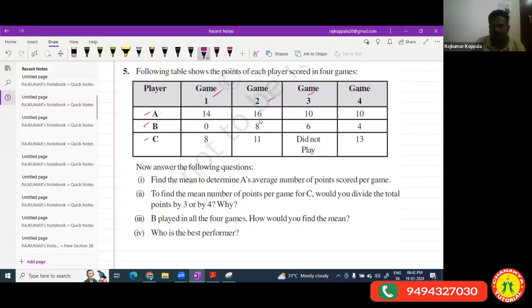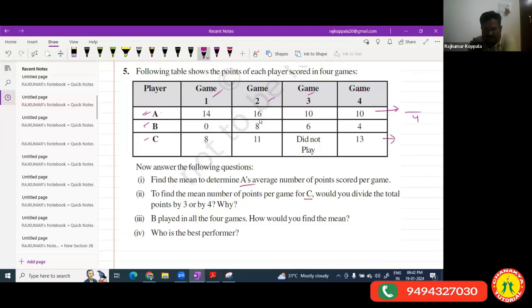Now we have to find the mean, the average number of scores. To find the mean of A, you have to add all of these and divide by 4. And to find the mean number of points of C, for C also you have to find it.